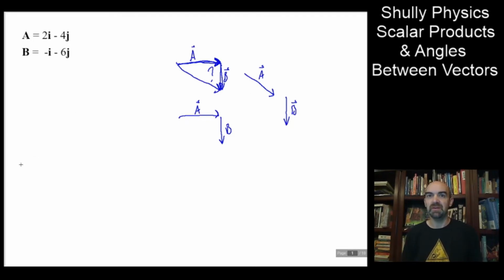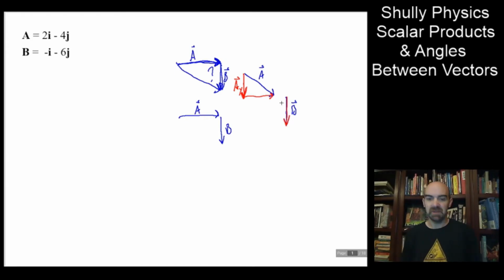We could find the horizontal or the perpendicular component and compare that with B, or we could find the parallel. A goes down and to the right in that little situation I just made up. So there might be a vertical component here. We'll call that A in the y direction. All right. What if we multiply that with the downward B vector?